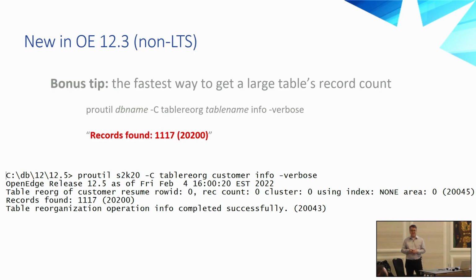So, faster than doing a table analysis or a DB analysis on a huge area. I haven't tested this myself to see how fast it is on a huge table. I have tested it, but on a small database, but I have it on good authority from Rich Banville that this is now the fastest way to count records in your tables.